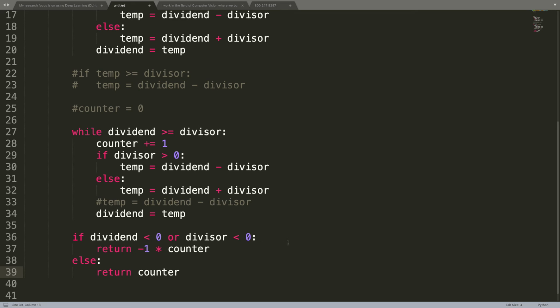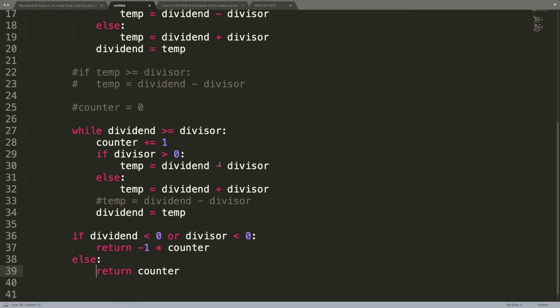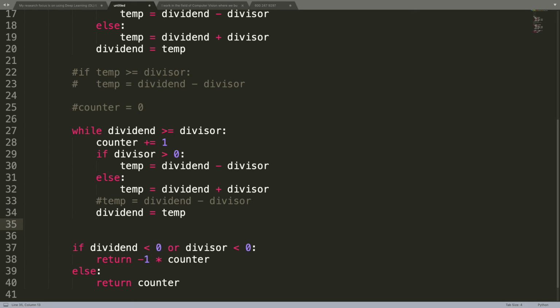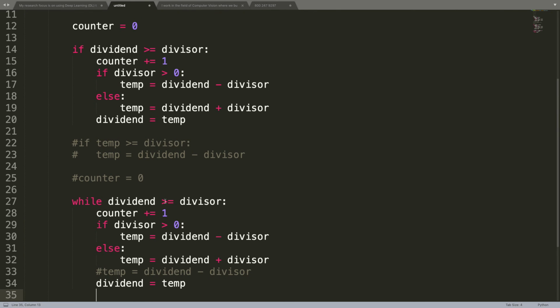The only one that's giving a problem is that it continues to go up. Because when dividends is 1, it is still greater than -3, then it will go again. But we don't want it to go again. You need to be able to undo that.